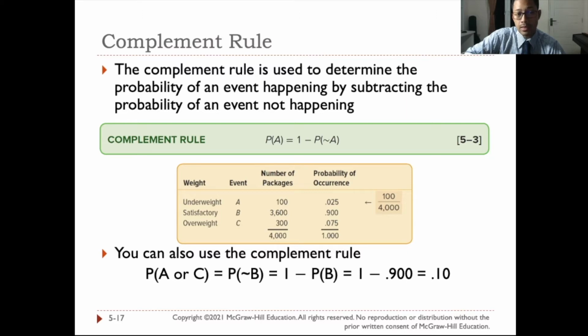Well, the easiest one is actually to just take the complement of the satisfactory package. And so in this particular case, it's the probability of not satisfactory, which is 1 minus the probability of satisfactory, which is 1 minus 0.9, which is equal to 0.10. Okay.